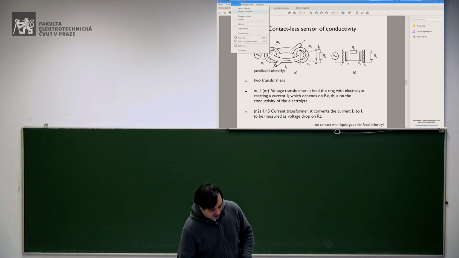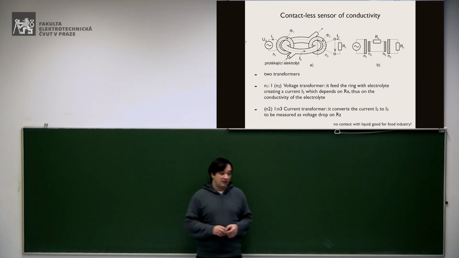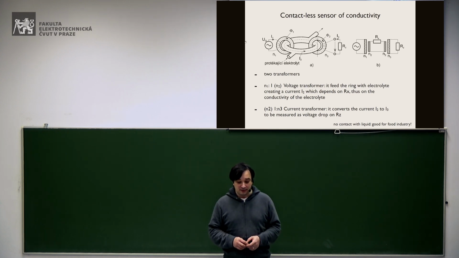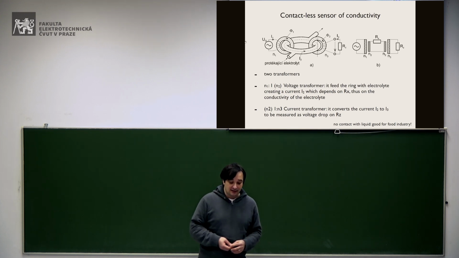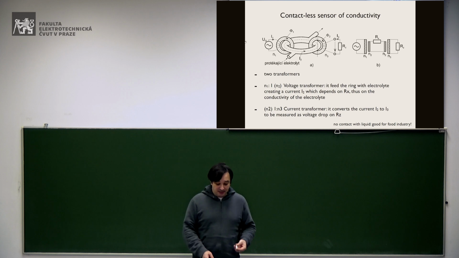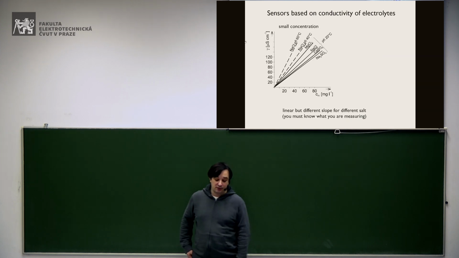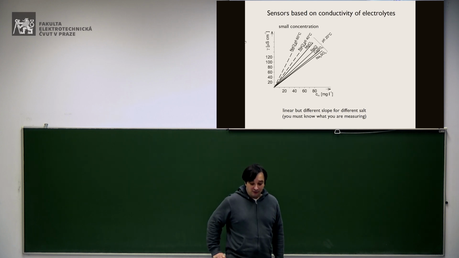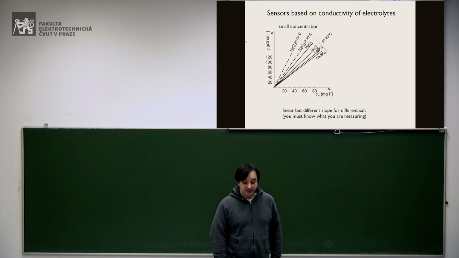Let me increase the image here. We were talking about sensors based on measurement of conductivity of electrolytes. Why? Because it's one of the ways that you can use to measure the concentration of a salt, for instance, in a liquid.